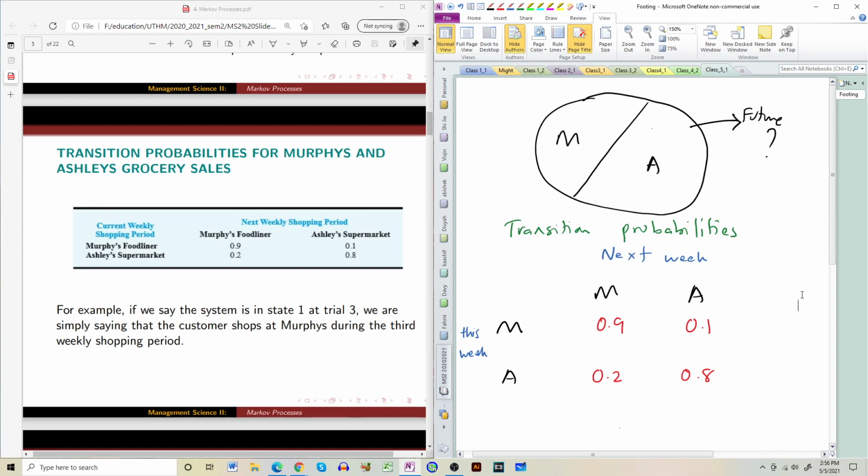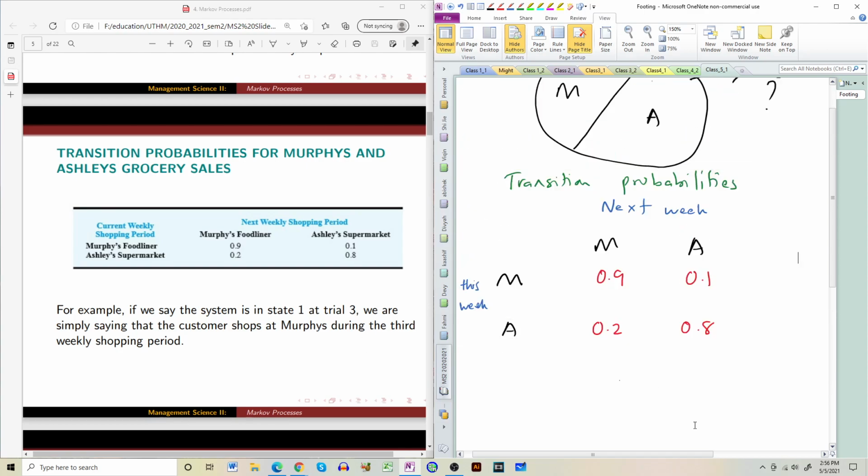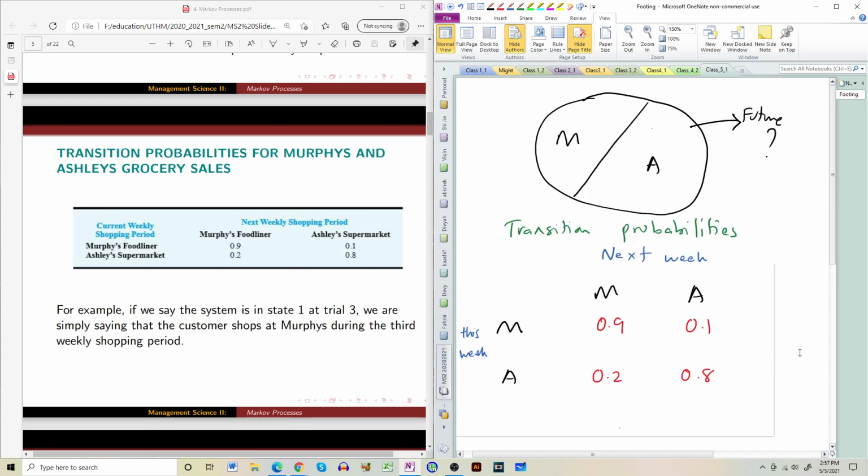Now for us to do our mathematical computation, we need to give some notation. First of all, some definitions and notation. Of course, before notation, some terms. These Murphy's and Ashley's are, of course, two supermarkets, but the general term for them is a state.